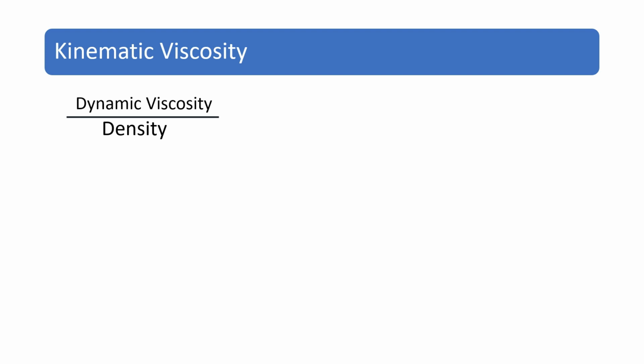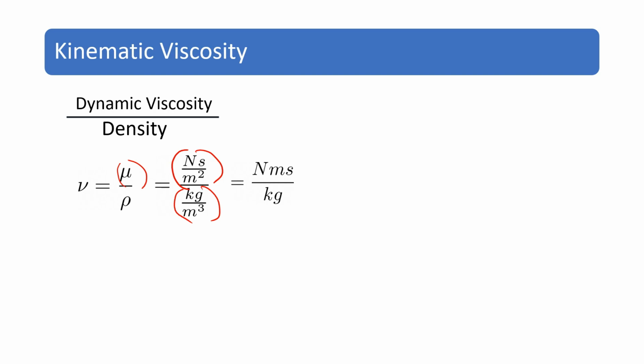So what is kinematic viscosity? Kinematic viscosity is defined as dynamic viscosity by density. That is, nu is equal to mu by rho. What is the unit of kinematic viscosity? We have seen that the unit of mu is Newton second per meter square, and rho, the density, is mass by volume, that is kilogram per meter cube. So that is equal to Newton meter second per kilogram.